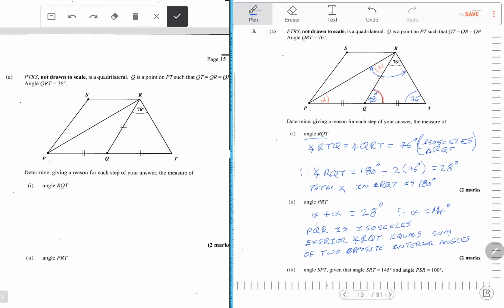And that's the reason why we had this. Alright, so alpha is 14 degrees. I know that alpha is 14 degrees.